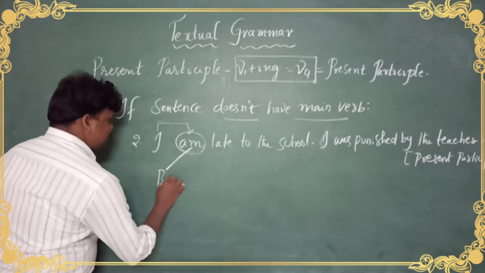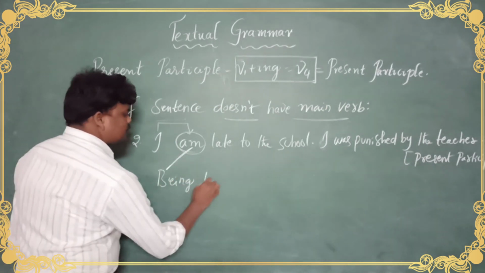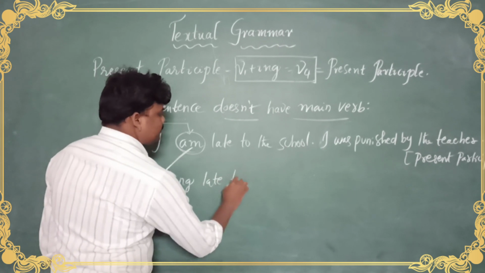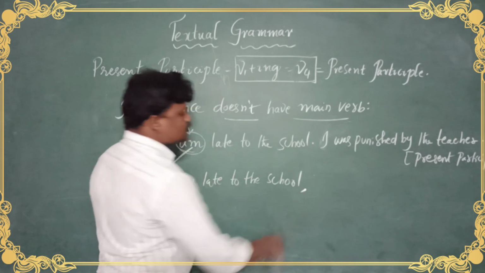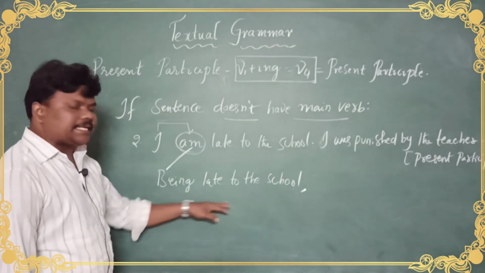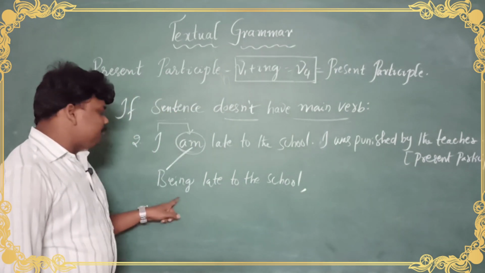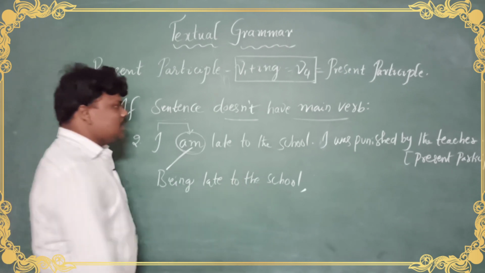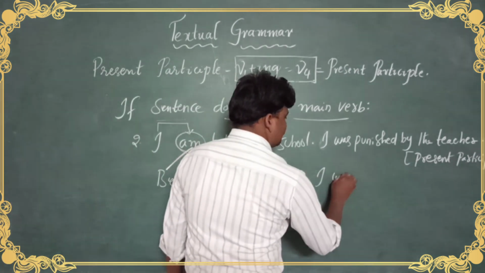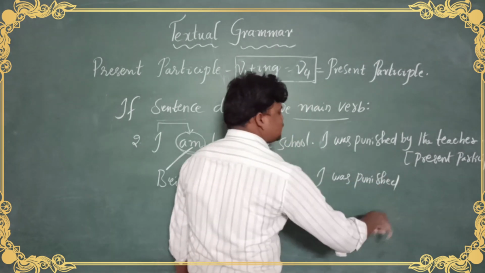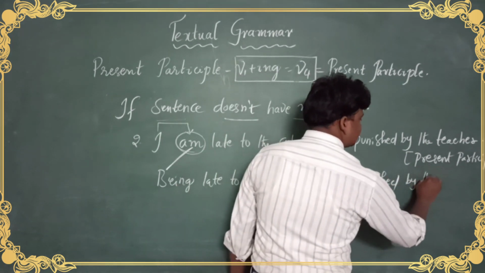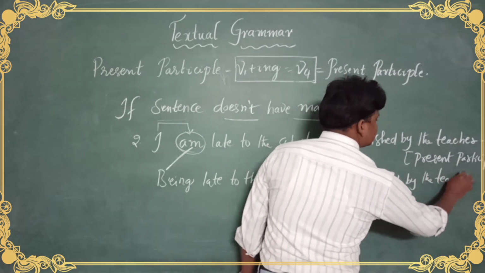Right, yes, being late to the school. Being late to the school, comma, compulsory. We should separate this sentence with a comma. Being late to the school, comma, I was punished by the teacher.